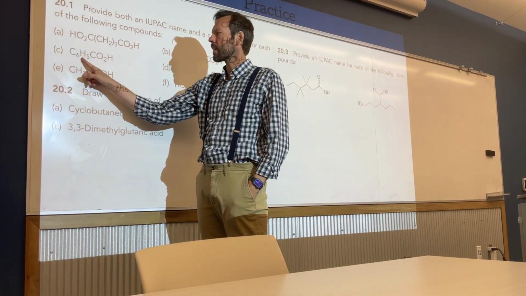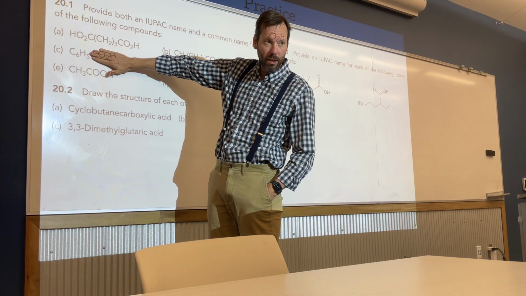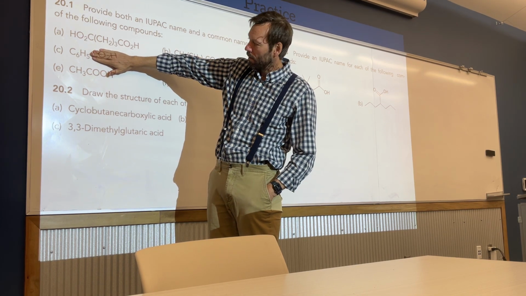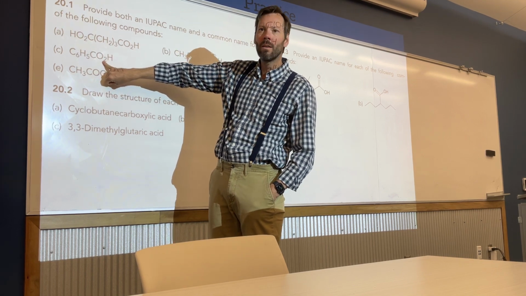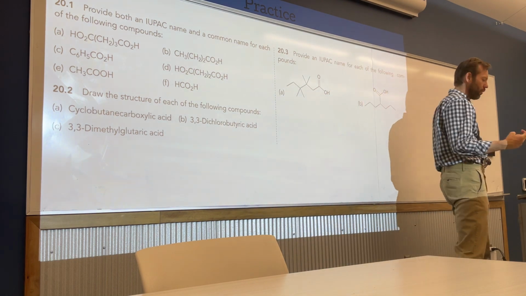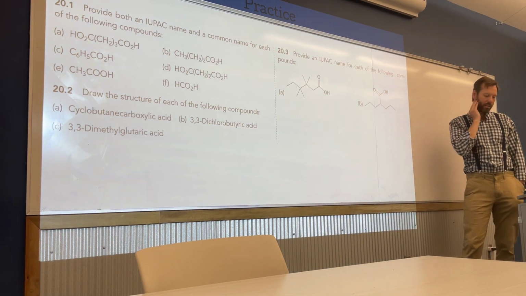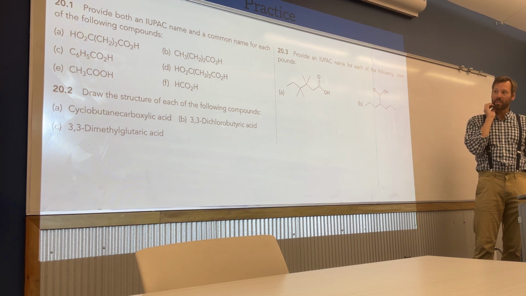All right, here. So C6H5. When we see that, we see benzene, right? So benzene with a carboxylic acid group, that's going to be what? Benzoic acid. Yeah. Benzoic acid.